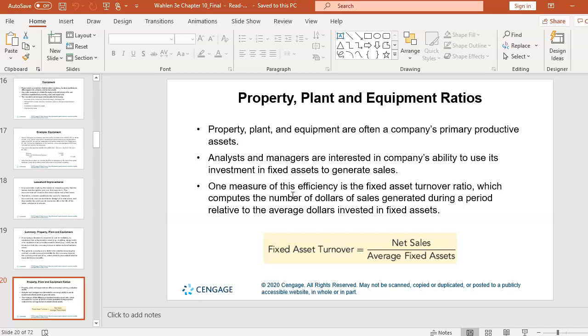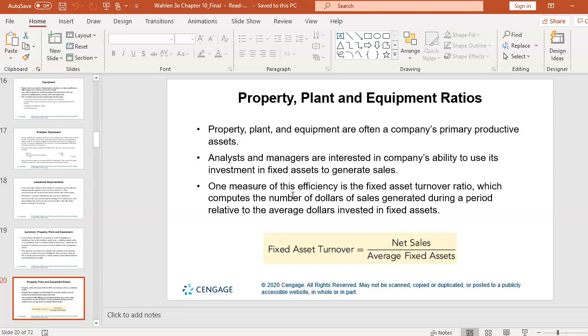Or if I'm comparing a brick and mortar retailer like a grocery store against Amazon, which is more of an internet retailer, Amazon would probably have less property, plant, and equipment type ratios. Their numbers would be lower than a brick and mortar retailer.